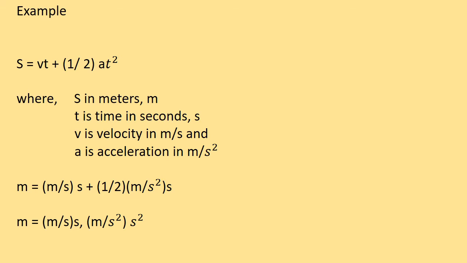Half multiplied by meter per second square multiplied by second square, the second square will be cancelled. Finally we get only meter remaining. The solution of dimensionally homogeneous equations can be used as a partial check for algebraic manipulations of an equation.